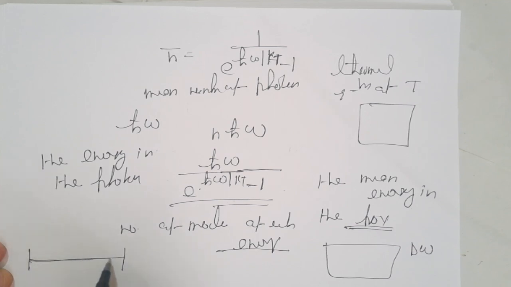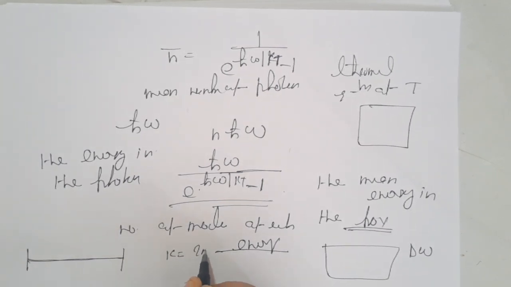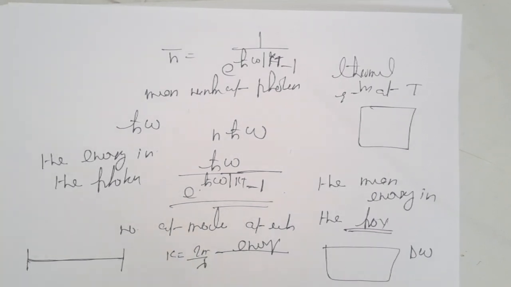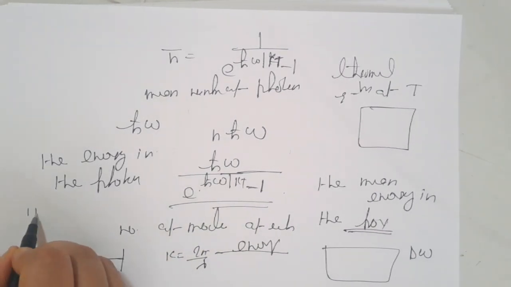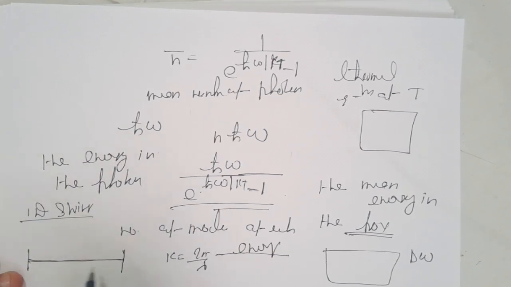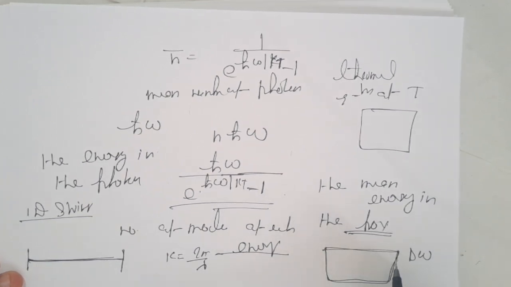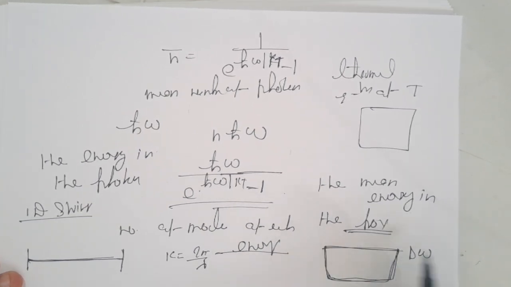We can ask how many modes there are for this one dimensional string. The wave number k is equal to 2 pi by lambda. After finding the modes of this 1D string we can generalize to get the number of modes in this box for the radiation.